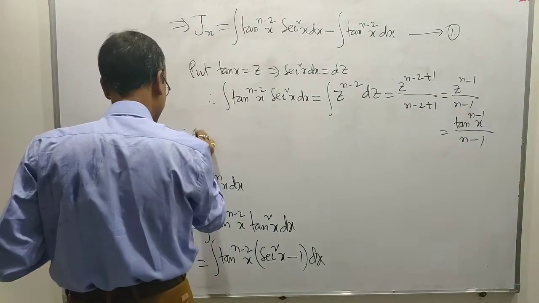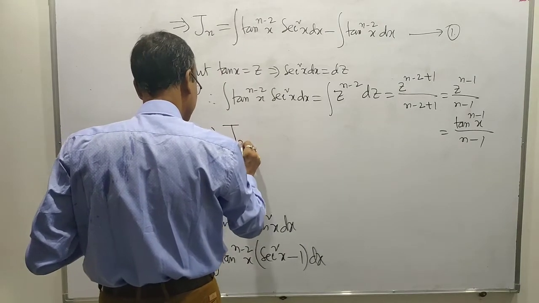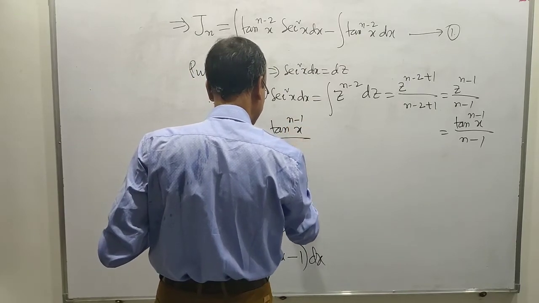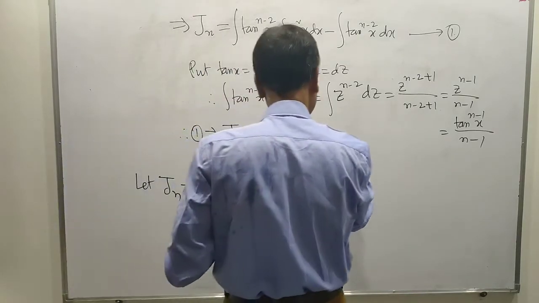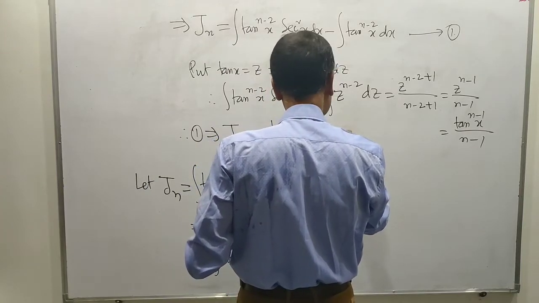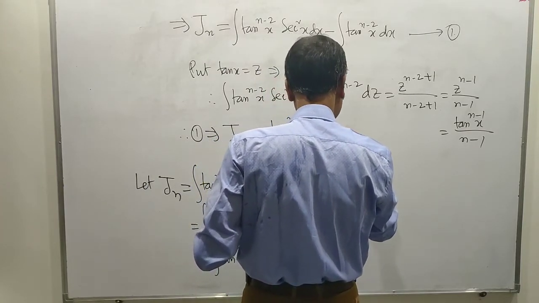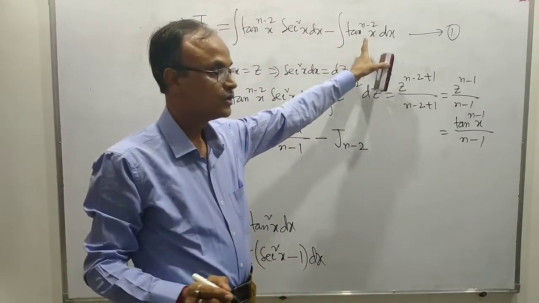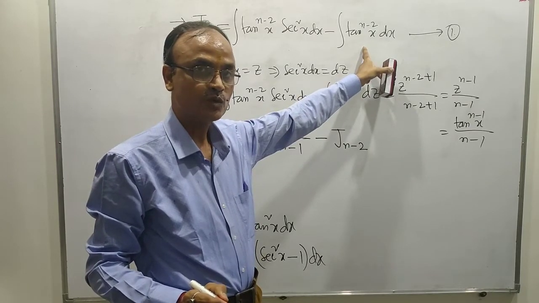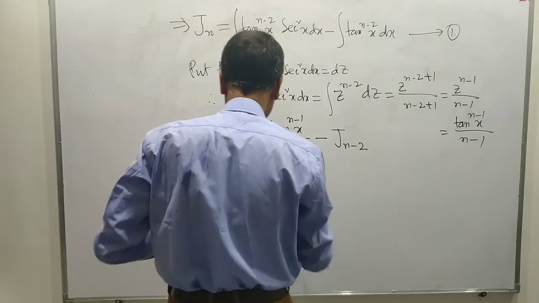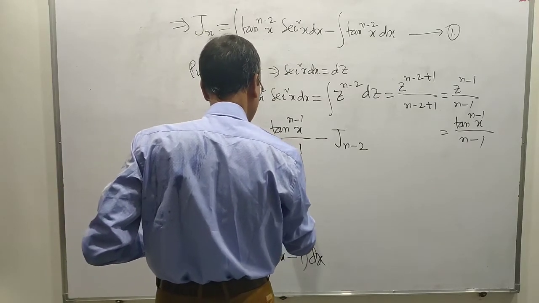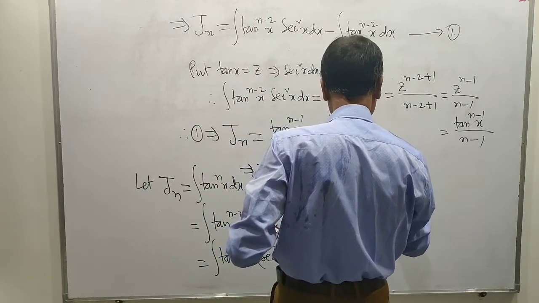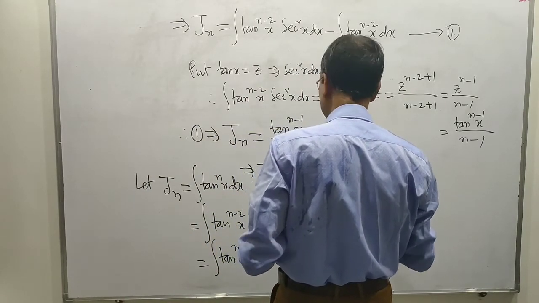Therefore, from 1 you will get J_n equal to tan to the power n minus 1x divided by n minus 1 minus J_(n-2). If J_n equals integration tan to the power nx, then integration tan to the power n minus 2x will be definitely equal to J_(n-2). This means J_n plus J_(n-2) is equal to tan to the power n minus 1x divided by n minus 1.